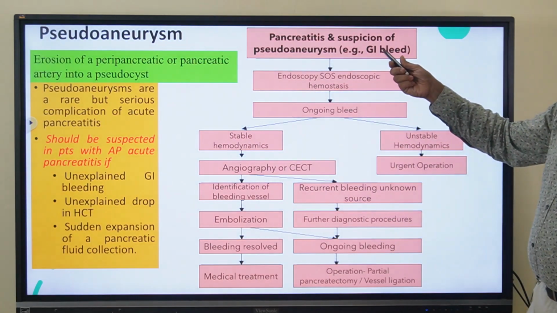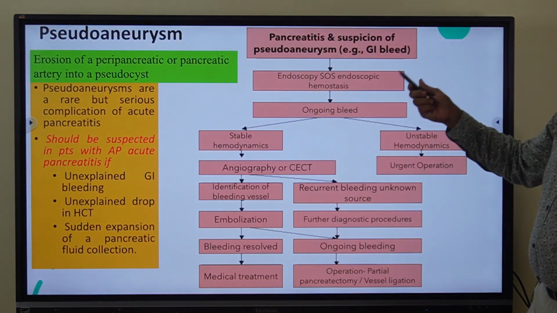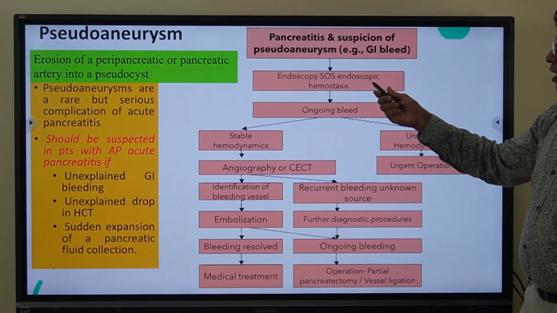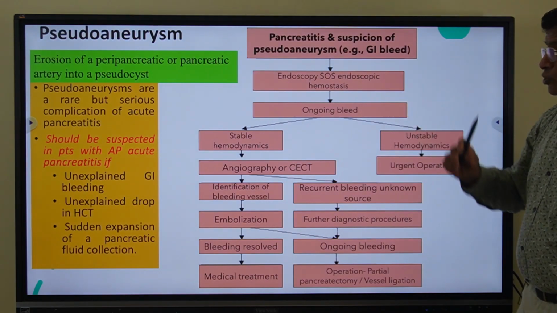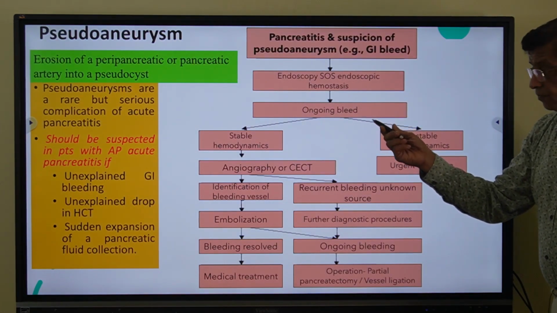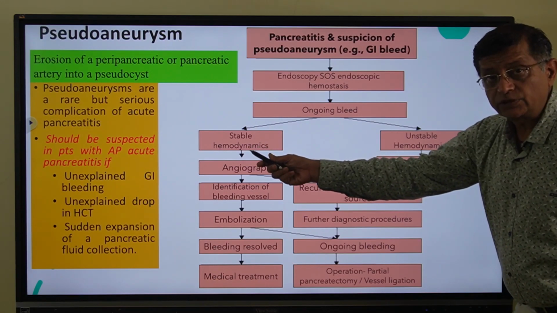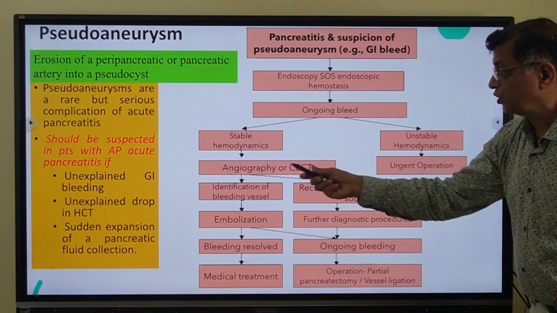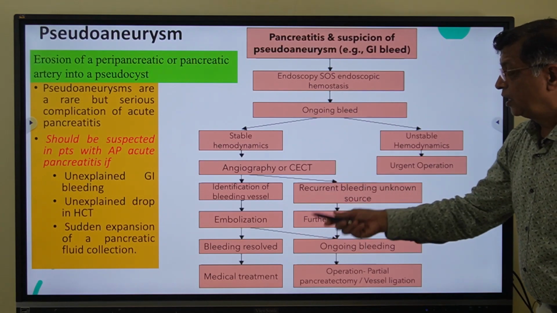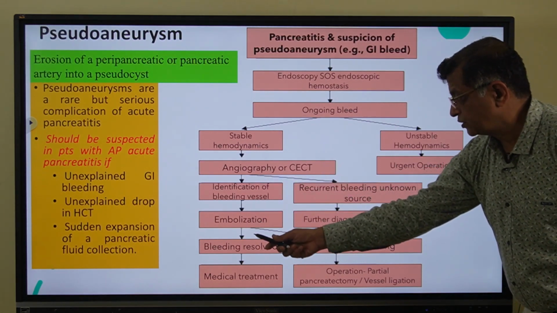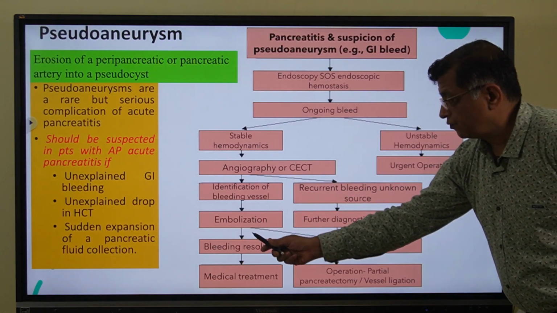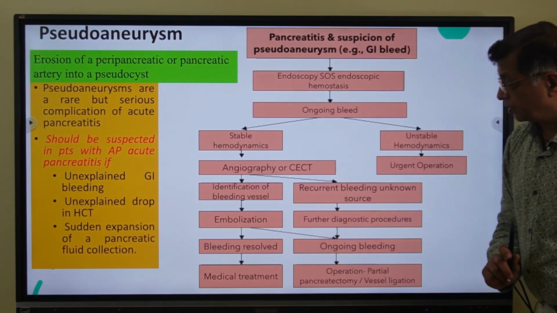If there is suspicion of pseudoaneurysm, get an endoscopy, and if possible, endoscopic hemostasis. If there is ongoing bleed and the patient's hemodynamics are stable, then do an angiography or contrast enhanced CT scan. If you identify a bleeding vessel, embolize it, and once the bleeding gets resolved, continue with medical treatment.